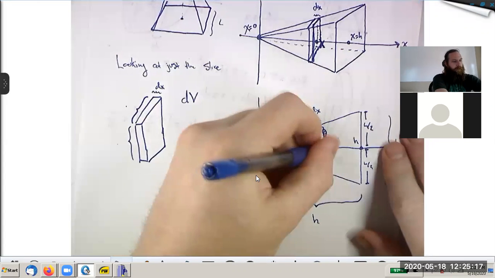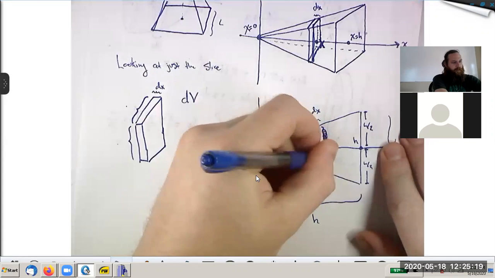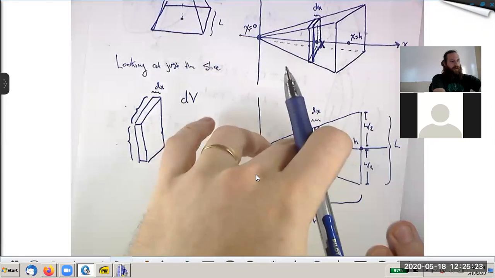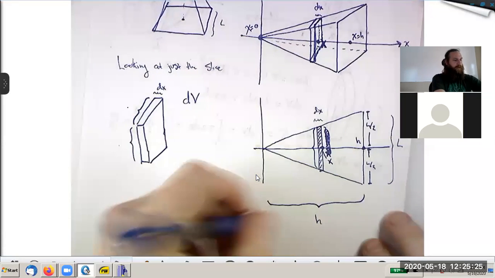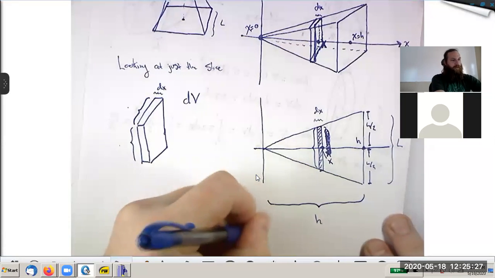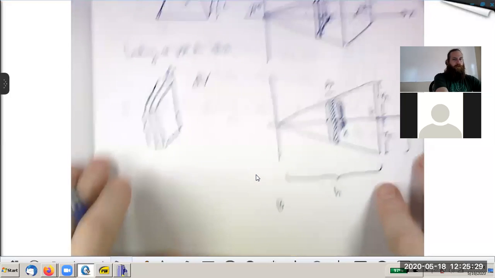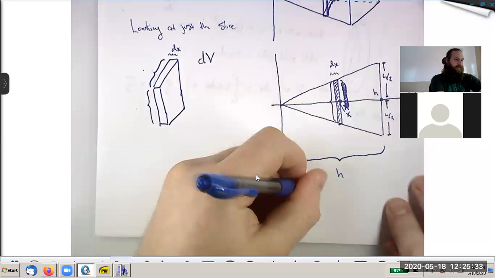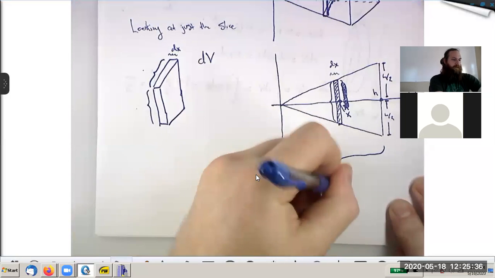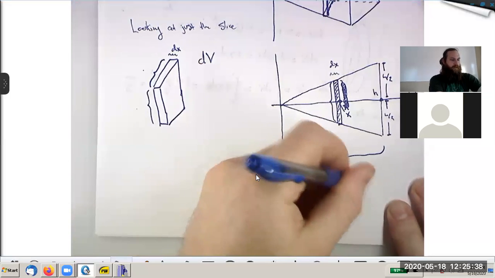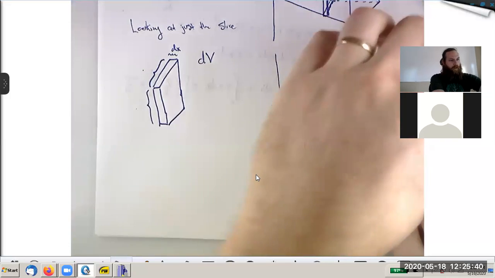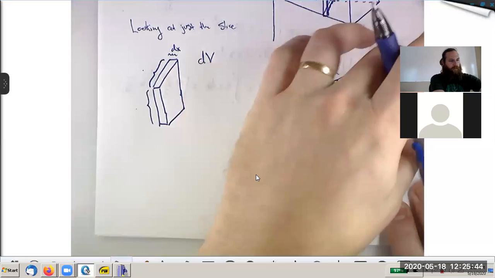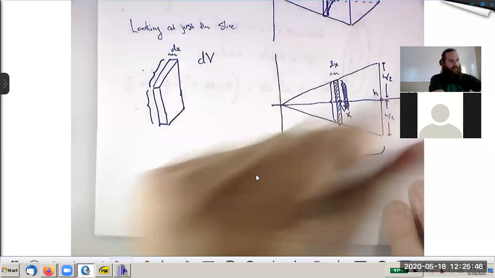The slice is still being taken here at x. So this distance is x. We'll say by similar triangles, this over this equals this over this.